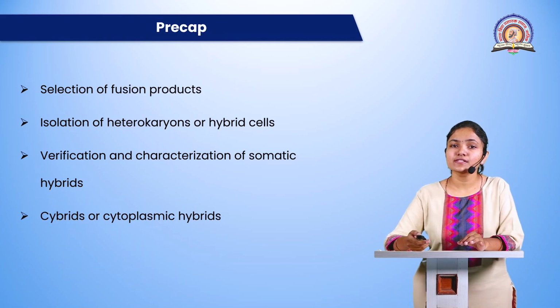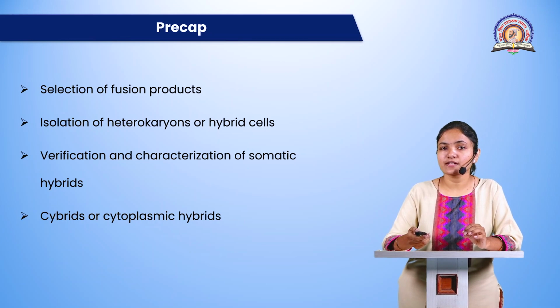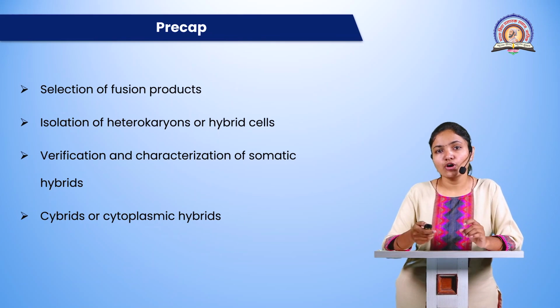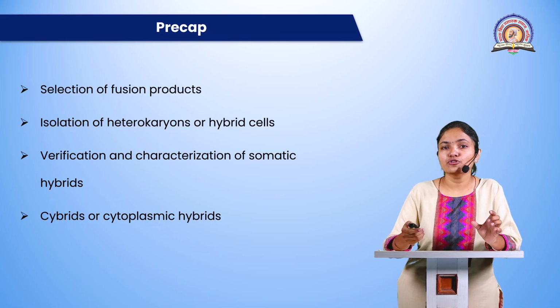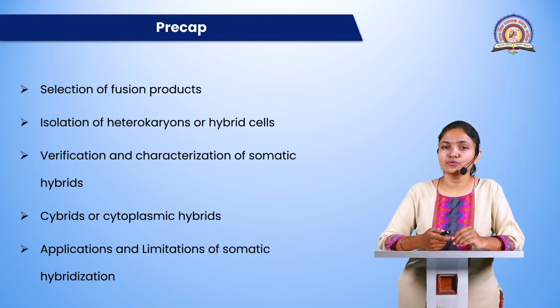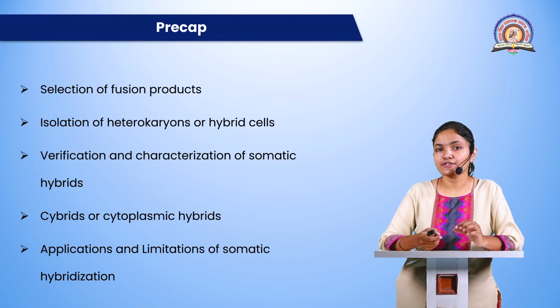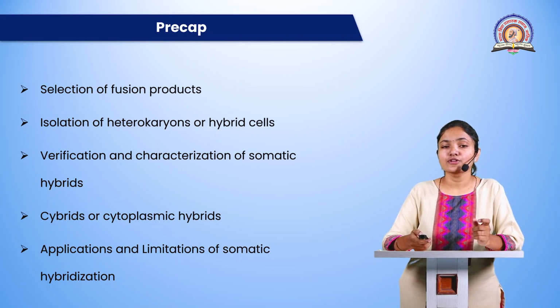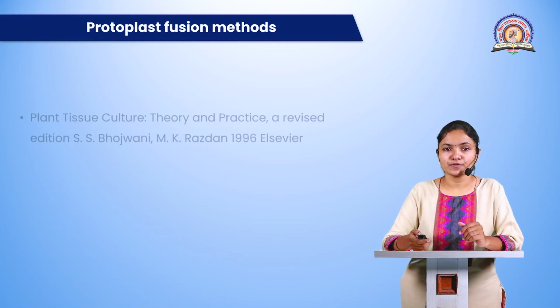Lastly, we will see a related concept, the formation of cytoplasmic hybrids, and we will also learn about the applications and limitations of this technique called somatic hybridization. All these contents will be included in your upcoming lecture.